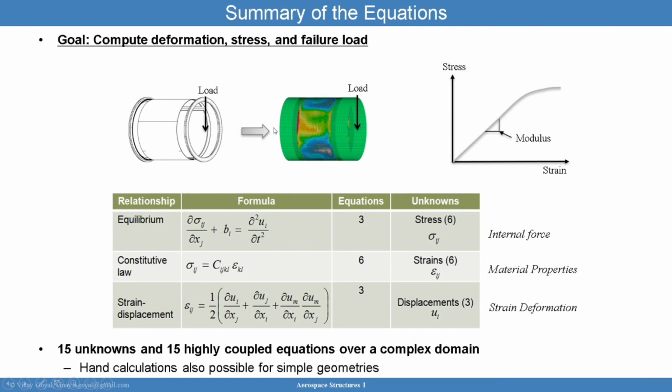That would be the dream: to go from a CAD model, apply loads, and then suddenly be able to come up with this stress field and then be able to predict failure. For example, here, red signifies high intensity stress. And so there's likelihood of potential failure at this location if the stresses are high enough.